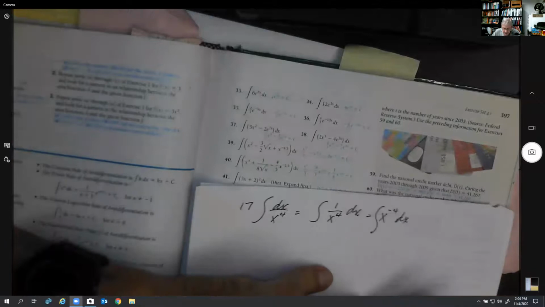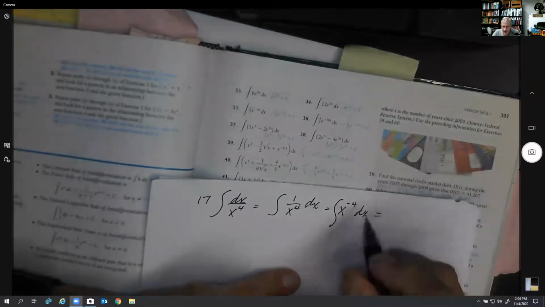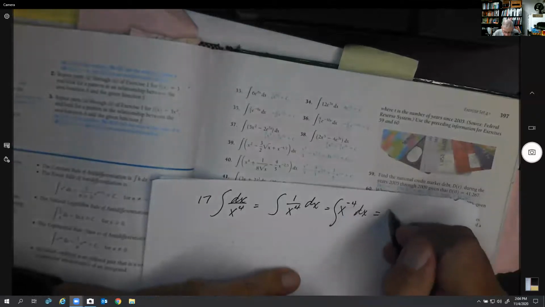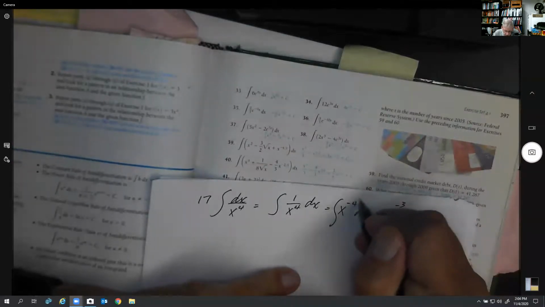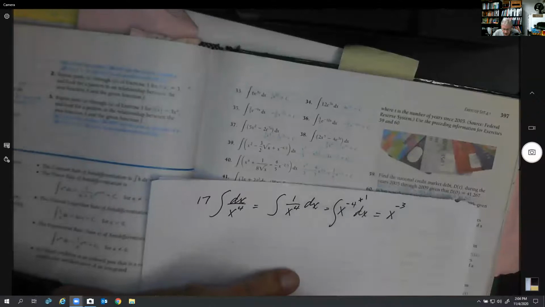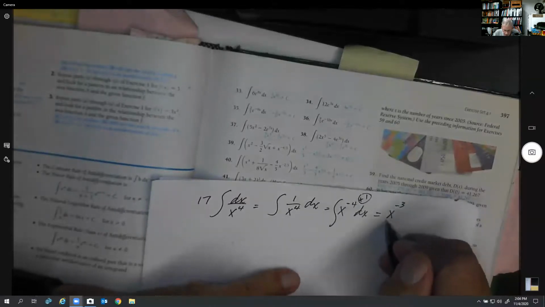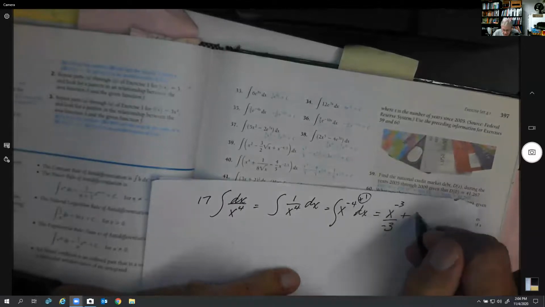dx. Okay. I'm going to add 1 to the power. So that's going to give me -3. Remember, instead of subtracting, I'm adding 1. So that would give me -3 over -3 plus c.